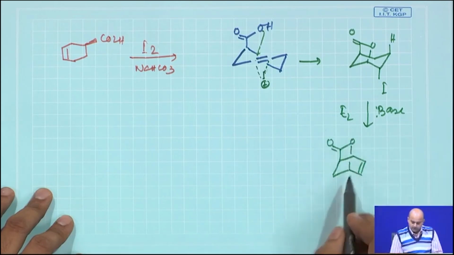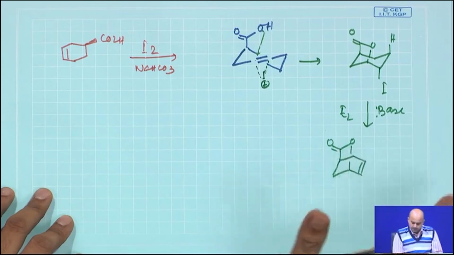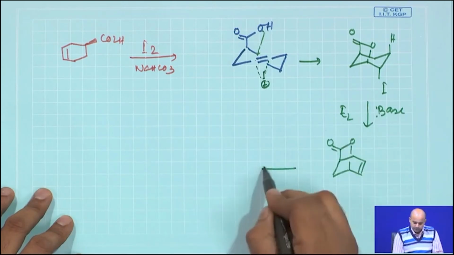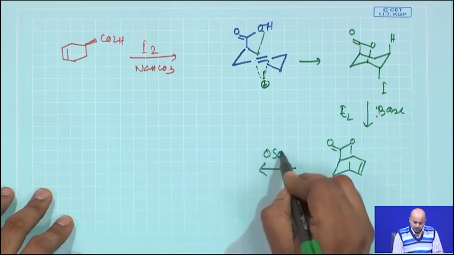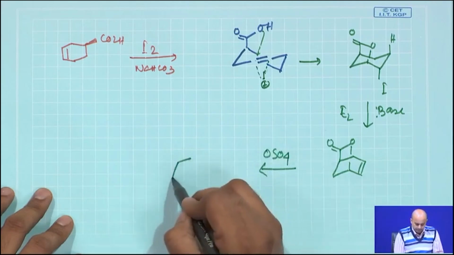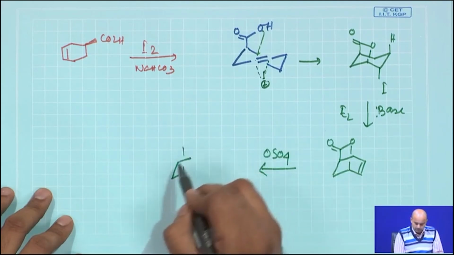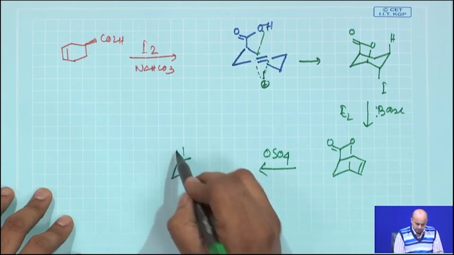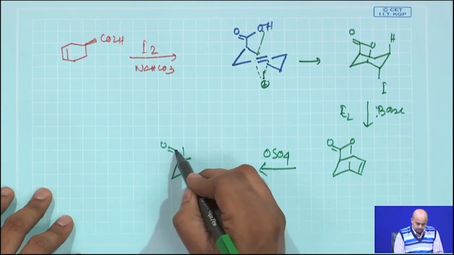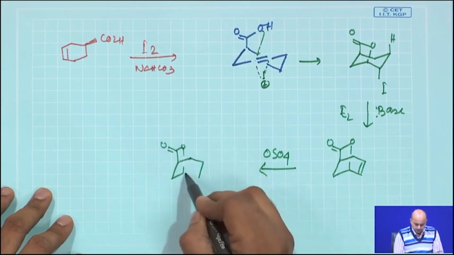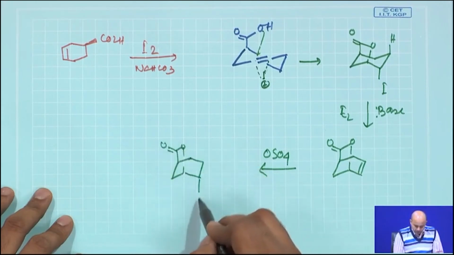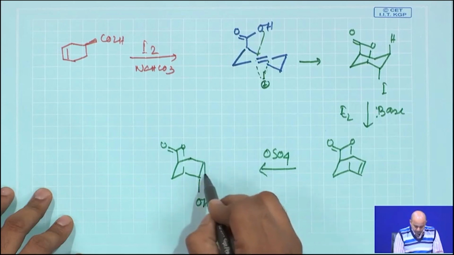In this half chair, this axial group blocks the top face. So, now you use the osmium tetroxide, and this was the OH that now comes from the bottom.